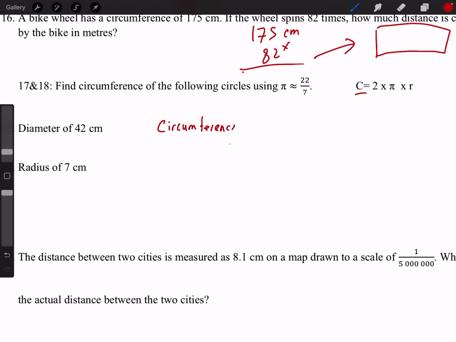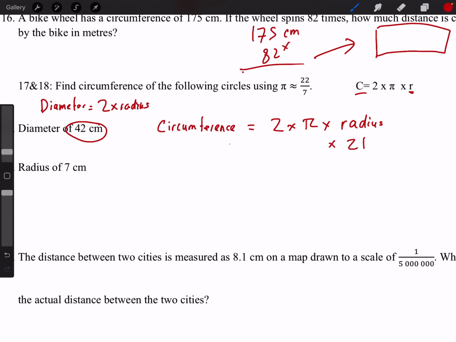Circumference equals 2 times pi times the radius. R stands for radius. So here you're given the diameter. The diameter equals 2 times radius. Diameter is double the radius. So what's the radius? Radius must be half of the diameter. So that's 21. So radius is 21 times pi.